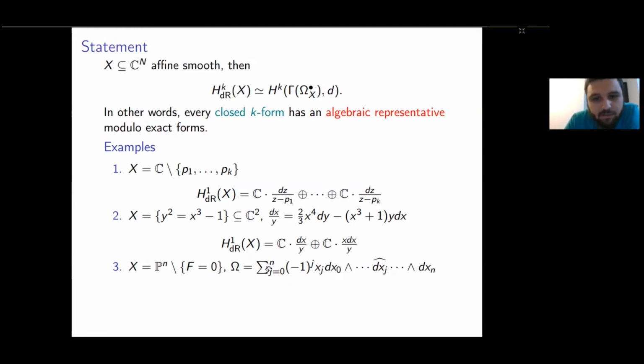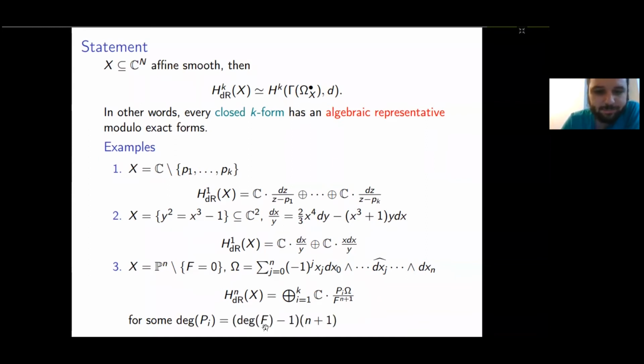It is the alternating sum of the variable x_j times the differential which takes all the differentials of all variables except the one that is in the jth position. As I said, the de Rham cohomology group is generated by these algebraic forms, which have poles along this hypersurface that we have removed. And these P_i are homogeneous polynomials of this degree.